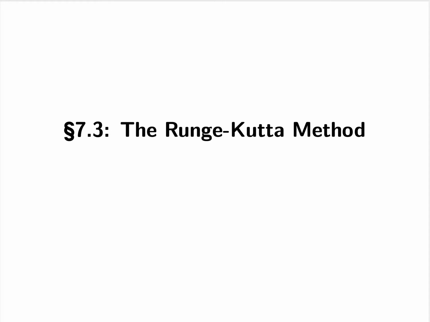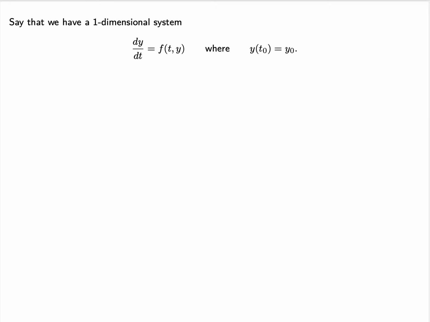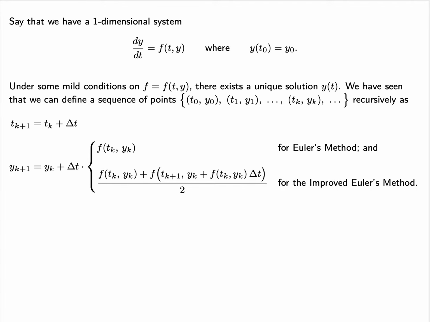Today, we generalize some of these concepts and look at what's called the Runge-Kutta method. As before, say that we have a one-dimensional system of the form dy/dt equals f of t, y, where y at t0 equals y0. As we just stated, under some mild conditions on our function f, we can find a unique solution y of t. We've already seen that we can define a sequence of points t sub k, y sub k recursively as follows.